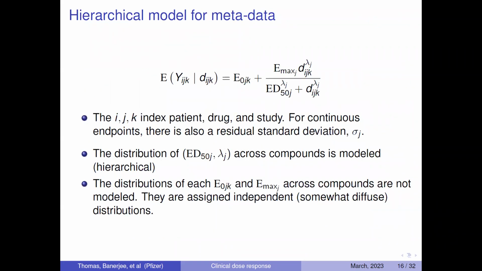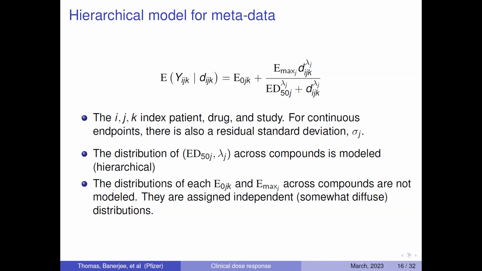Now, turning to that hierarchical model, we'll start with just a listing of what it looks like. Again, this is for continuous data. It's exactly the Emax model I listed before, but now there are subscripts on everything. I is a subscript for patient, J is for drug, and if we have multiple studies within a drug, that'll be K. When you look at the placebo response, that depends on J and K. This way, each study gets its own placebo response.